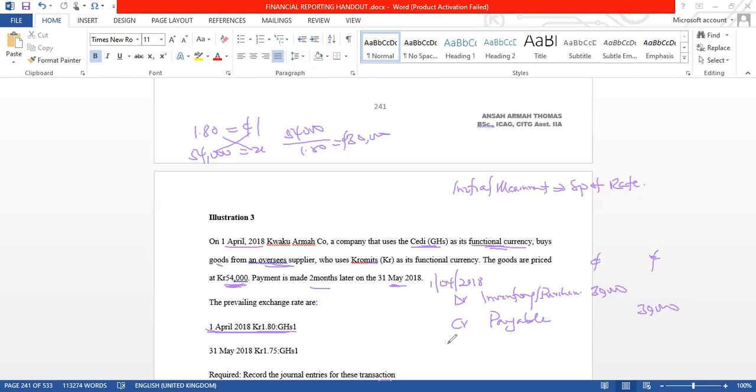Now, in 2 months' time, which is 31st May 2018, if you are paying, remember you have this money that you owe, but the exchange rate has changed now. Okay, so what is going to happen here is that you need to go through this same process. So you have the 54,000 that you are now paying, but the exchange rate has reduced and you have what? 1.75.